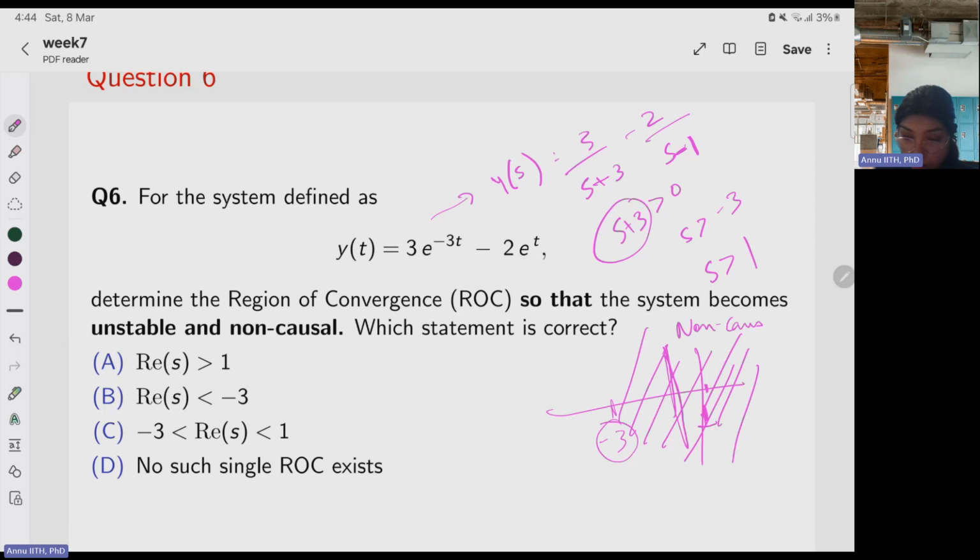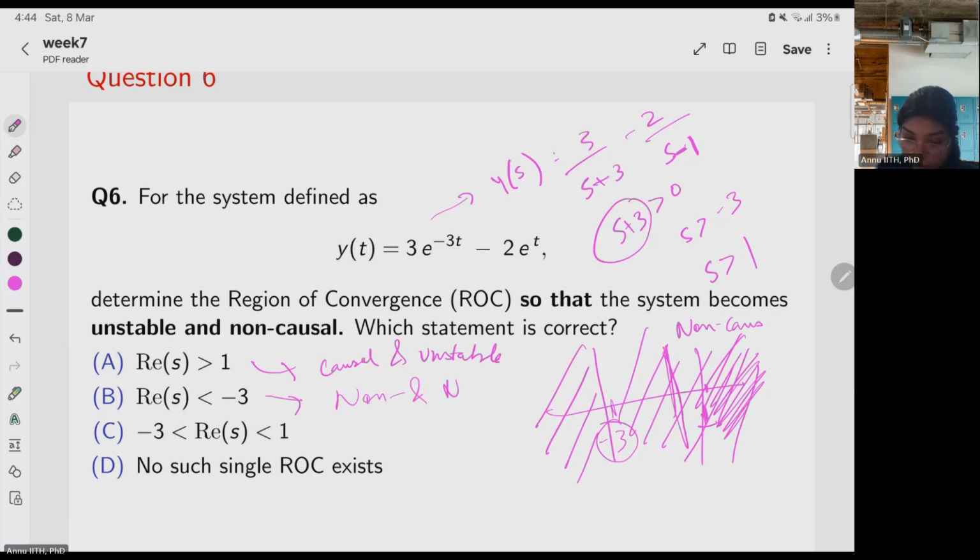What do you want? You want real of s greater than 1. In that case, it is causal and unstable. Real of s less than minus 3: in that case, it is non-causal and non-stable. So I think this is the answer. Definitely not this one, because it is involving j omega, and if the ROC involves j omega, that is stable. So you want unstable and non-causal. So the answer is B.